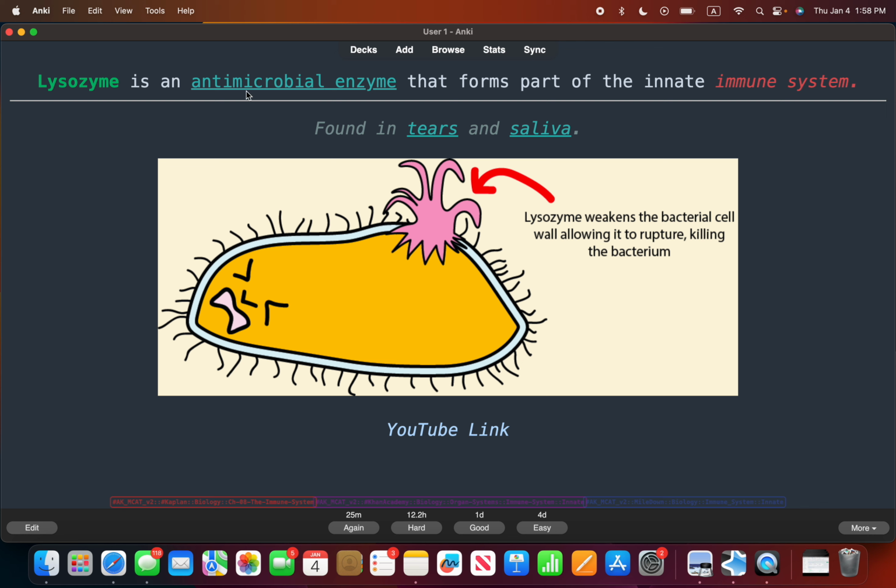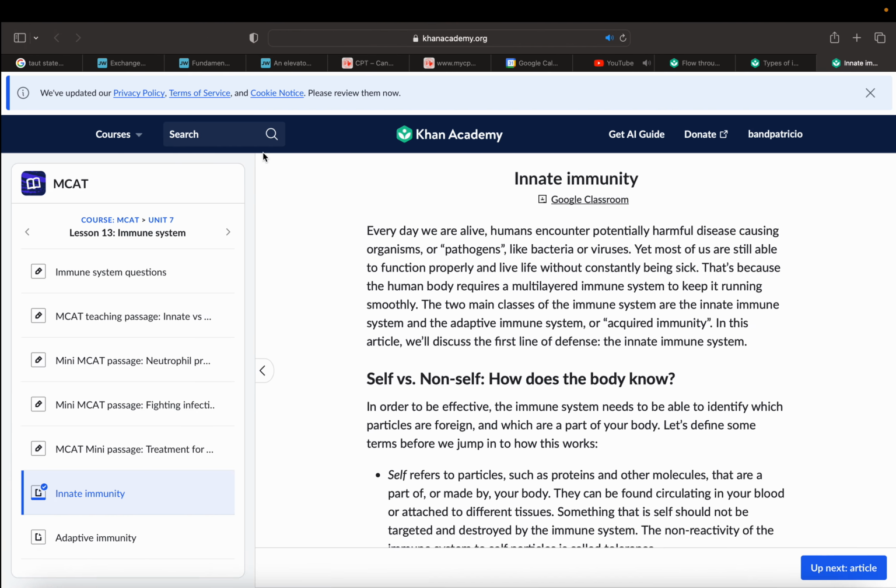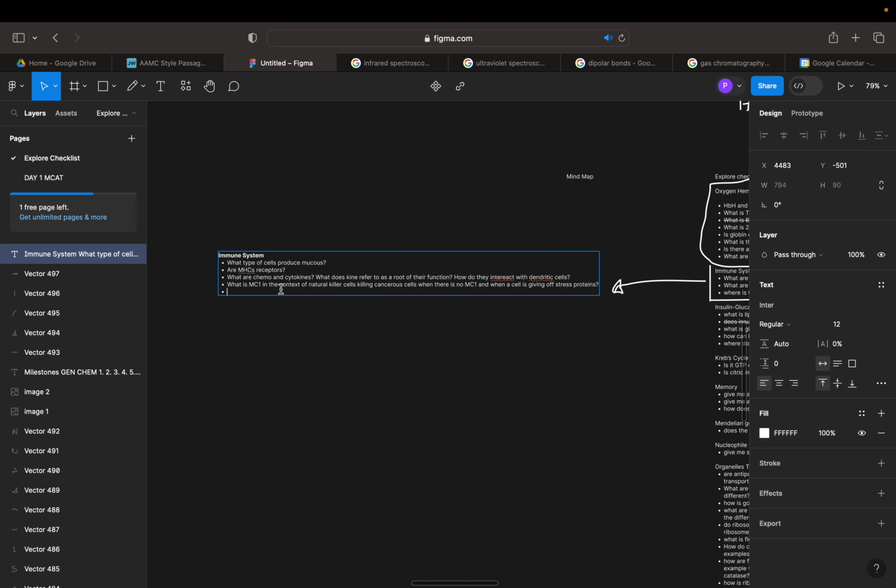So the difference between lysozyme and defensins is that they are both antimicrobial, but that's a good question.